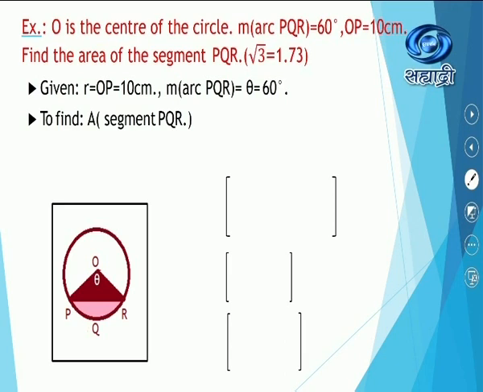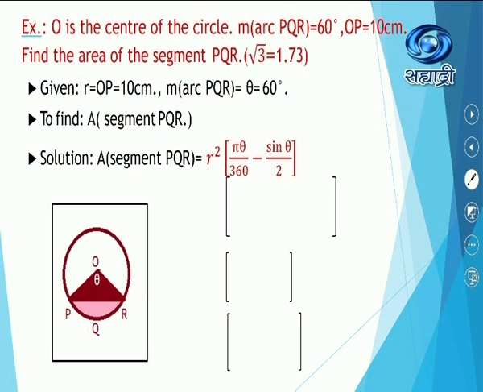Now let us write down what is given to us. Given R is equal to OP is equal to 10 centimeter. Major arc PQR is equal to theta is equal to 60 degrees. And here you have to find out area of segment PQR. Now you know the formula to find out the area of segment PQR.